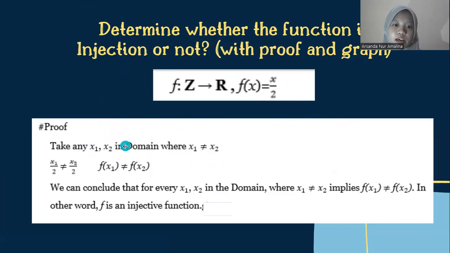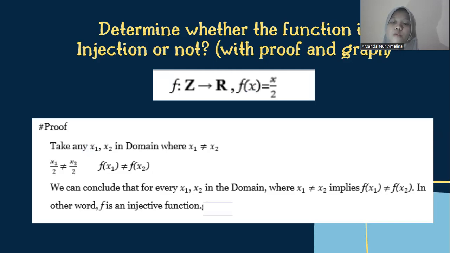Because x1 is not equal to x2, we substitute into the function f of x equal to x over 2, and we get this. We must know that if distinct integers are divided by 2, the results of the operation are different too.